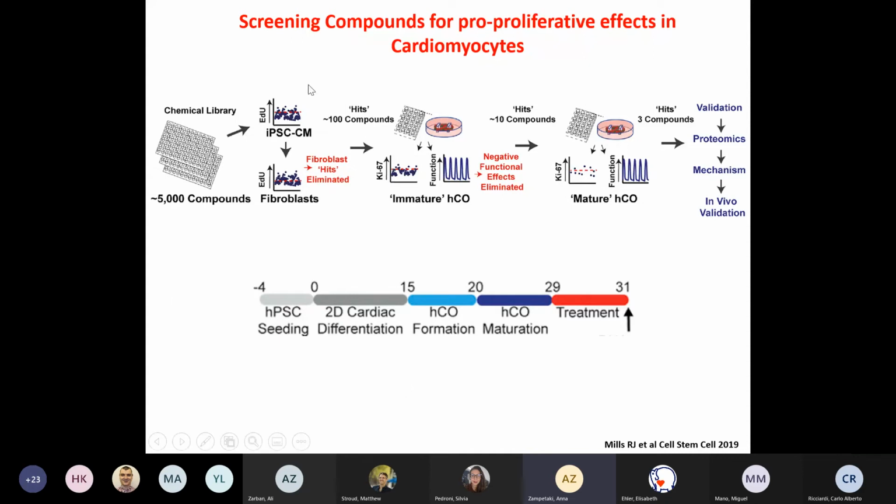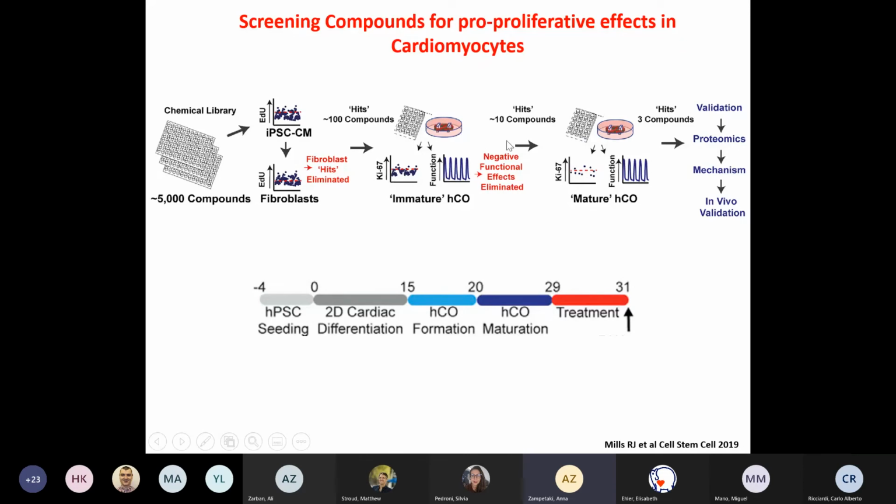And in here, the authors actually tested more than 5,000 compounds in iPS cardiomyocytes versus fibroblasts, identified 100 compounds that are inducing proliferation in cardiomyocytes without affecting their electrical function, and then took these compounds over to the cardiac organoids. So what is interesting is that out of 100, only 10 were actually effective in cardiac organoids.